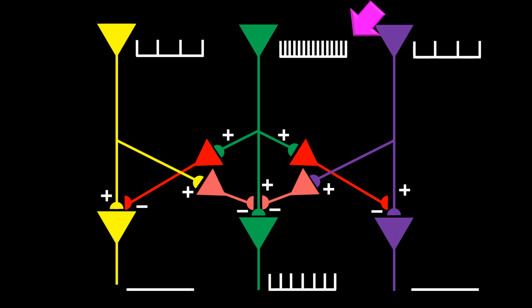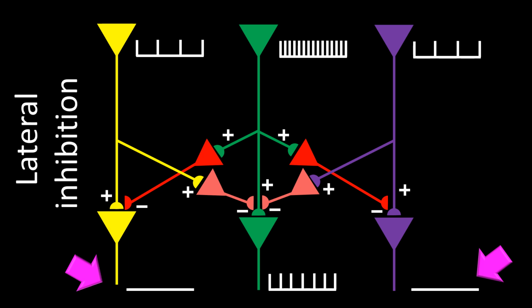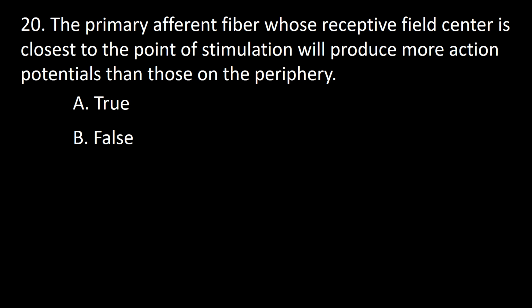It starts with 15 potentials and ends with 7, but the yellow neuron and purple neuron that started with 4 potentials each are now silent. This process is called lateral inhibition. So the answer to this question is true.